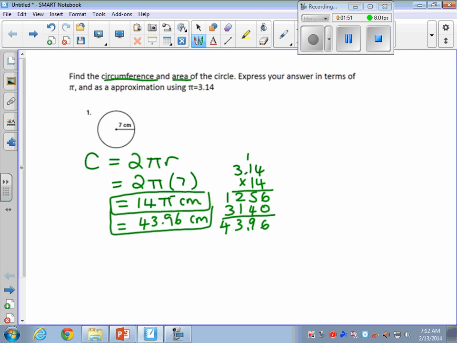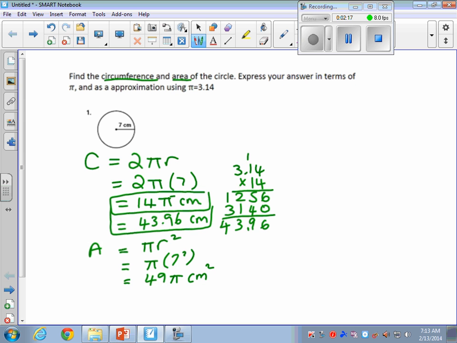Then we're going to figure the area. This time I need to use the formula area equals pi r squared. So in this case, pi, and then the radius is 7, so that's going to be 7 squared. 7 squared is 49, so my answer in terms of pi is 49 pi centimeters squared.